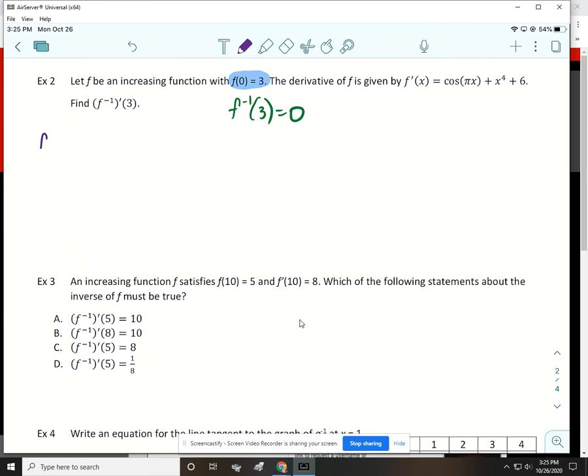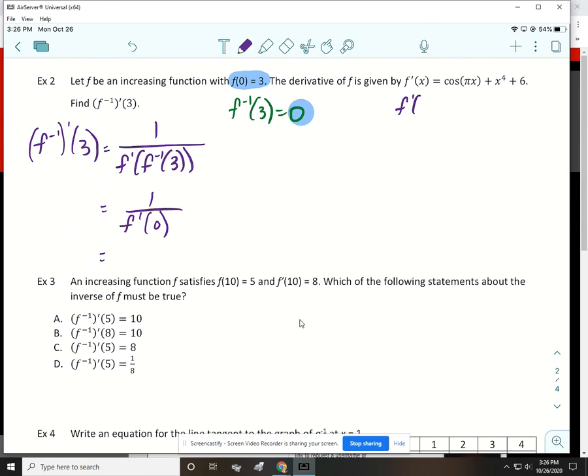All right, I'm going to go ahead and do my formula. Okay, so I know f inverse of 3 is 0, so I'll fill that in. And then if I want to do f prime of 0, I come over here.